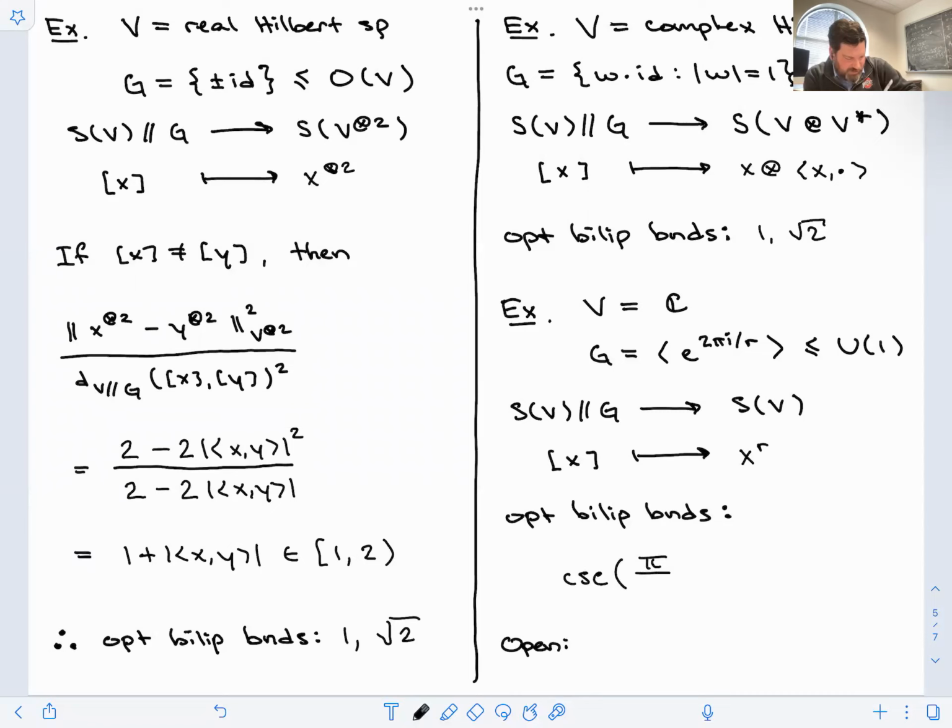I've never had to pronounce cosecant in a talk before. And the upper Lipschitz bound is R. These are the optimal Bilipschitz bounds. And these are all examples where the group acts freely on the sphere, and we're able to compute these numbers. It's open what the bounds are for other free actions.